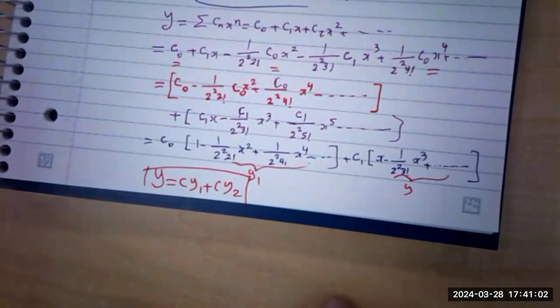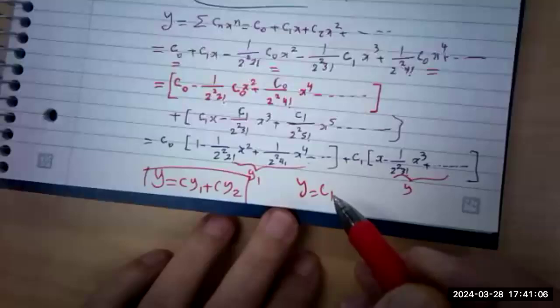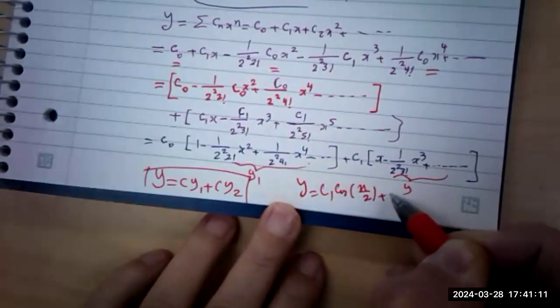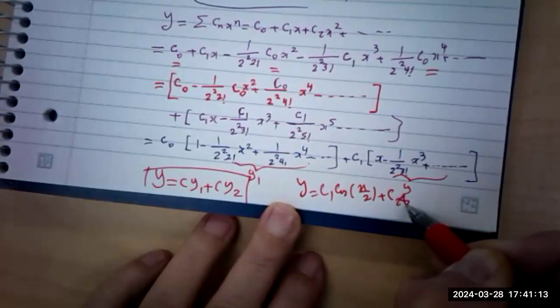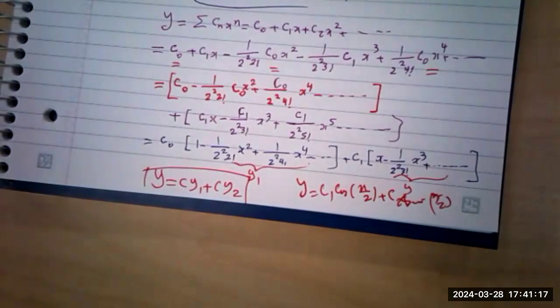So officially, this is going to be C1 cosine of x half plus C2 sine of x half. When I post the notes for you, you will see more solutions of this.